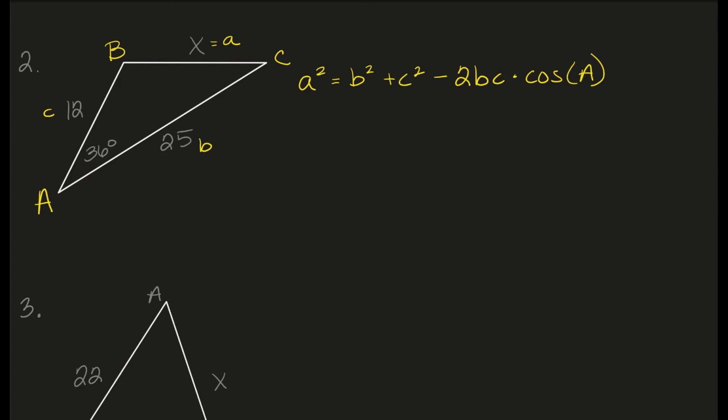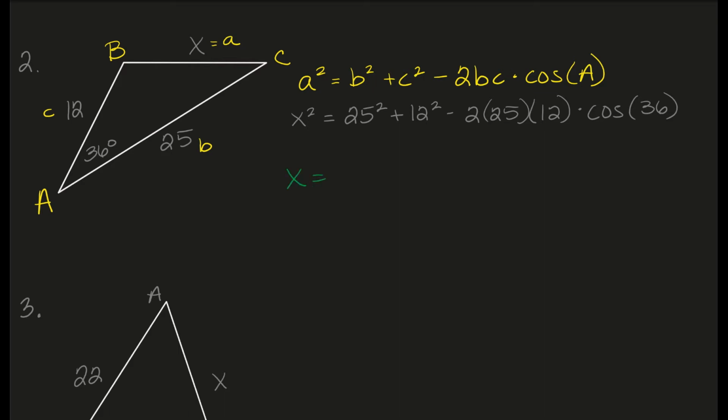Now, all we have to do is plug our information in. A squared we know is x. So x squared equals b squared. This is 25 plus c squared, 12 minus 2 times 25 times 12 times the cosine of angle A, which in this problem is 36 degrees. Now, just like problem 1, we want the value of x. Here, it's set up so that x is squared.